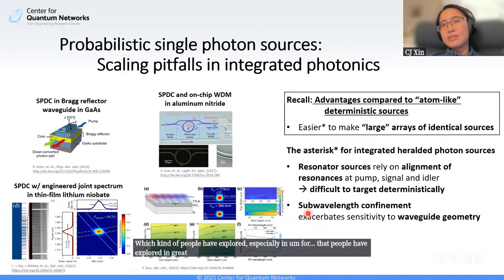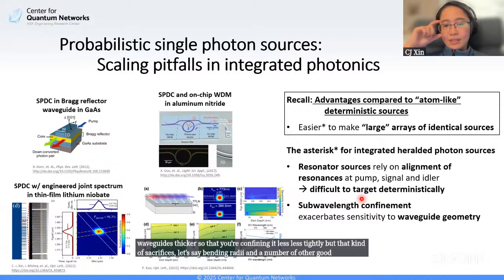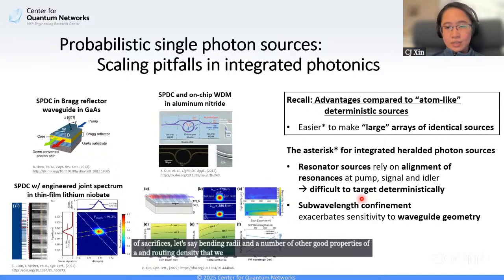And there are ways around it, like making your waveguides thicker so that you're confining it less tightly, but that sacrifices, let's say, bending radii and a number of other good properties, like routing density, that we like in an integrated photonics platform.